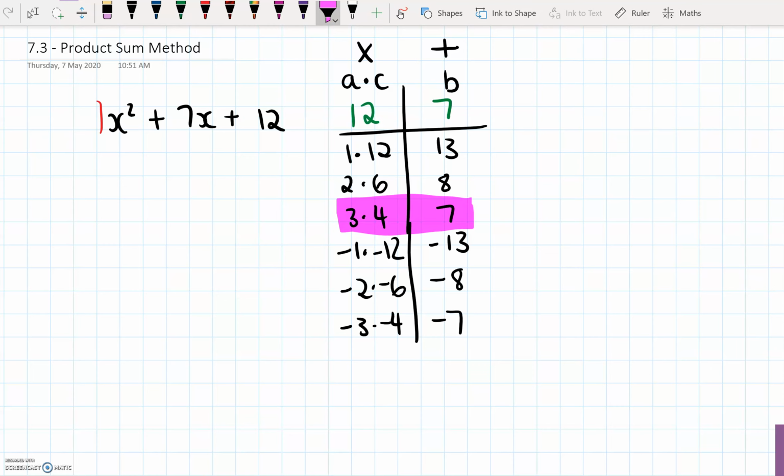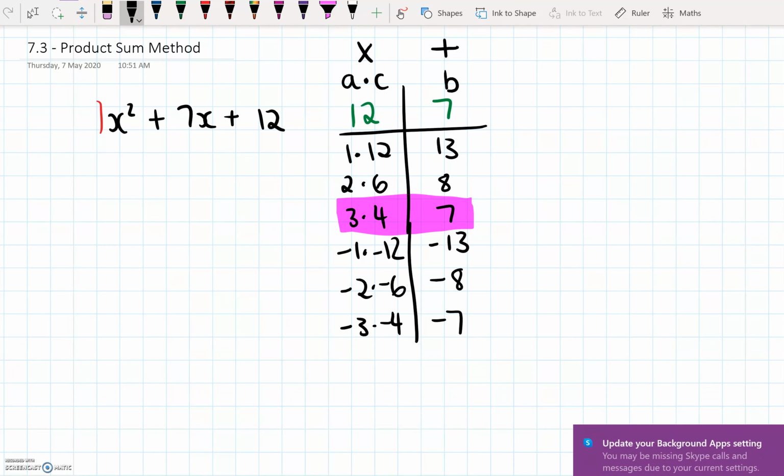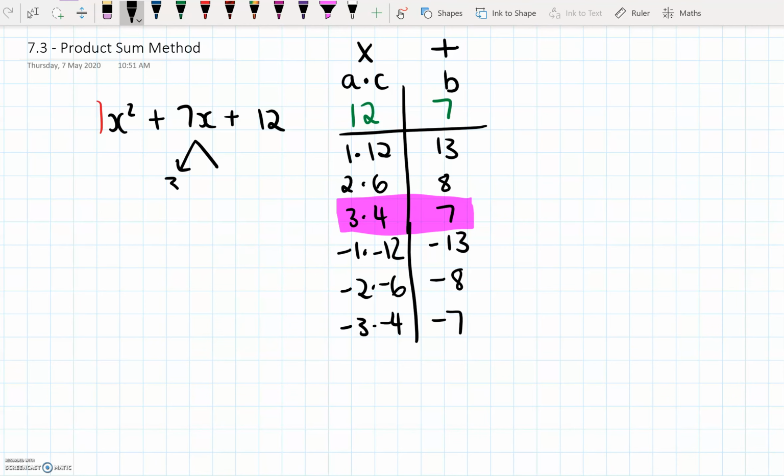So what we then did is we split the middle term, the 7x, into 3x plus 4x. Okay, so then we just have x squared plus 3x plus 4x plus 12. All right, then we make the dotted line. You don't have to do the line if you don't want, but it just helps some people. And we're going to factorize.